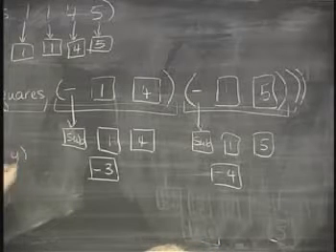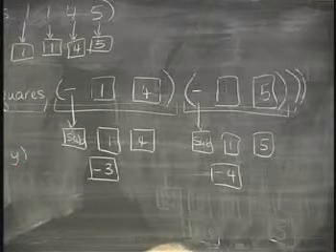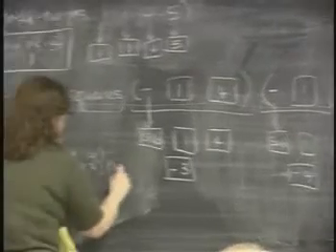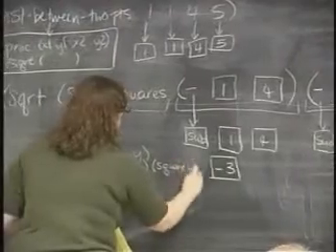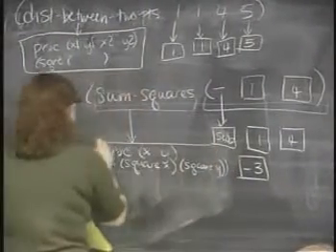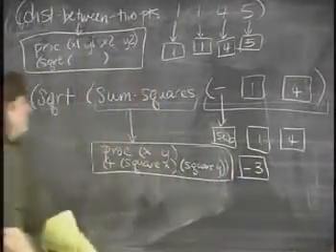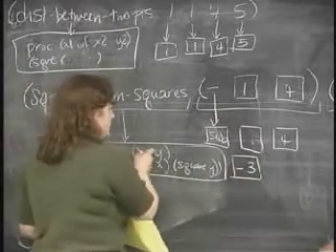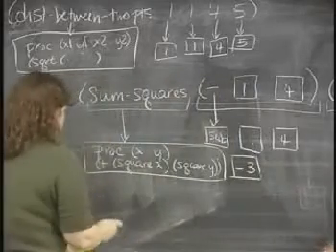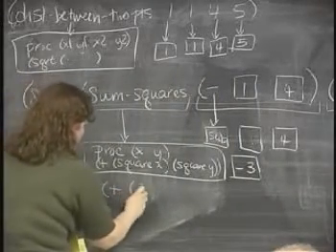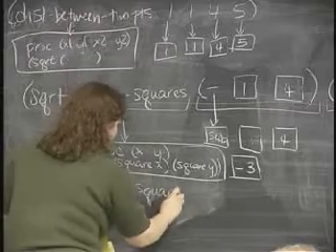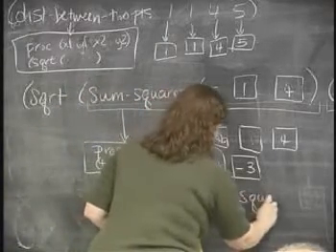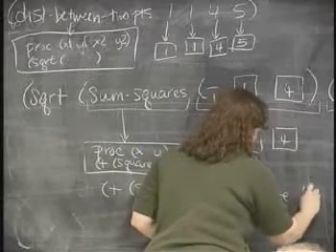It takes in x and y and adds the square of x to the square of y. Again, to apply this, we're going to substitute 3 for x, 4 for y, giving us plus square 3, square 4.